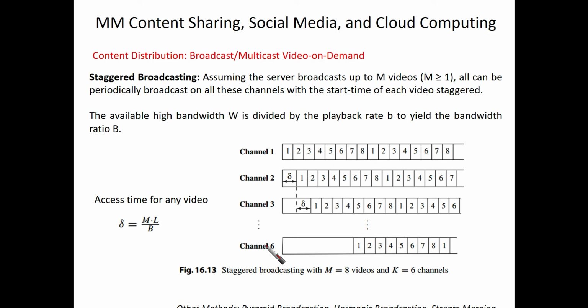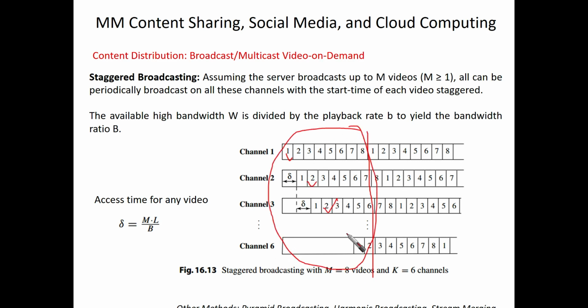Now, do you get the idea? Let's say at any particular time, I'm a user and I'd like to see video number 3. At any particular time instant, for example, think about the very first 8, I will get either these channels or these channels or these channels.